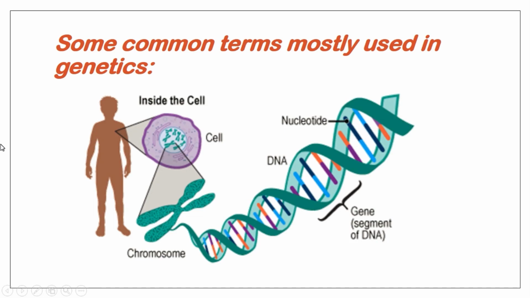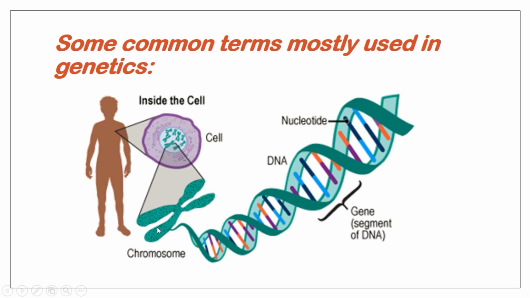Before studying the next term, let's have a look at this picture. There is a person. If we zoom in on the body of that person, we can reach the cells. Inside a cell, there is a nucleus. If we zoom into the nucleus, we will see chromosomes. And we know chromosome is the combination of DNA and histone proteins. So, chromosome is made up of DNA.